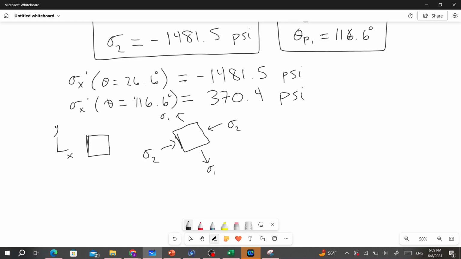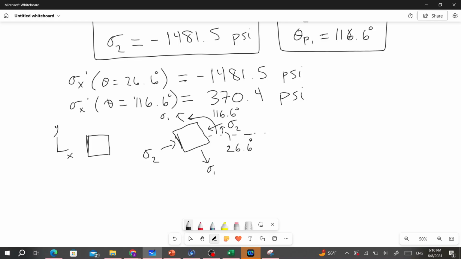Okay, and just to make that nice and clear, for this one we rotated by 26.6 degrees. And this one we rotated by 116.6 degrees.